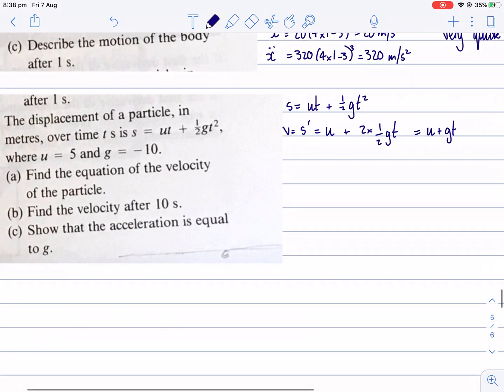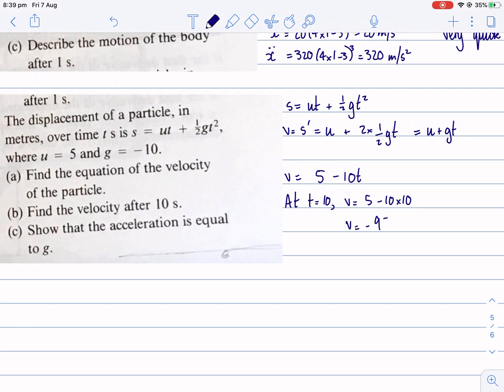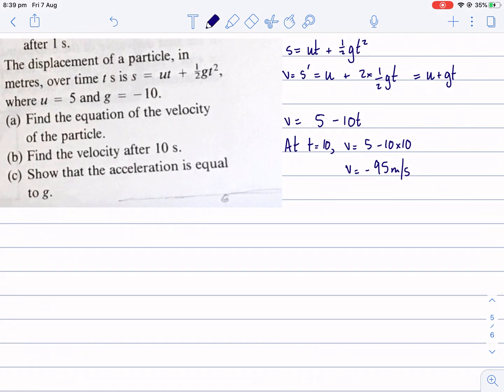And they've told us u is 5. Okay, for B, at t equals 10, v equals 5 take 10 times 10, v equals negative 95 meters per second. Show that the acceleration is equal to g, okay?